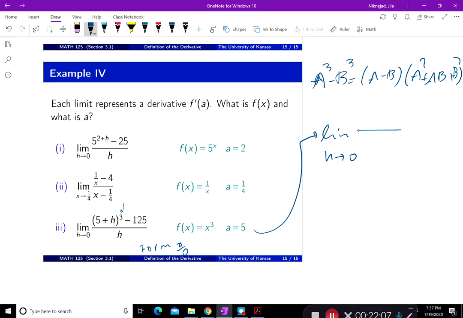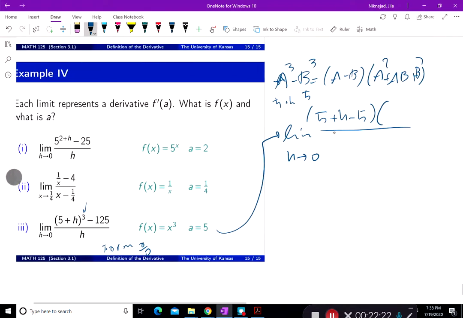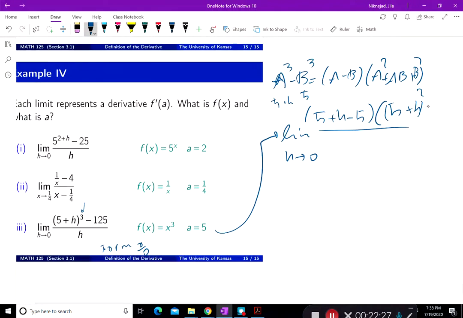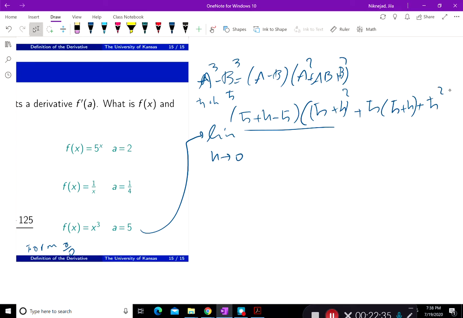If I use that, I get 5 plus h minus 5, where a is 5 plus h and b is 5, times 5 plus h to the power 2, plus 5 times 5 plus h, plus 5 to the power 2, divided by h.